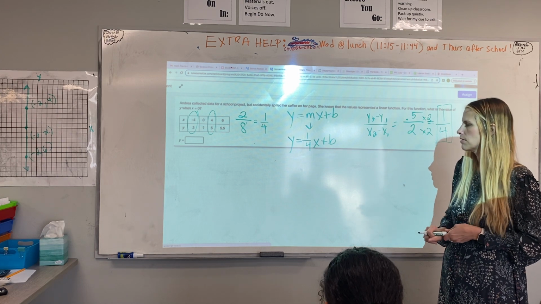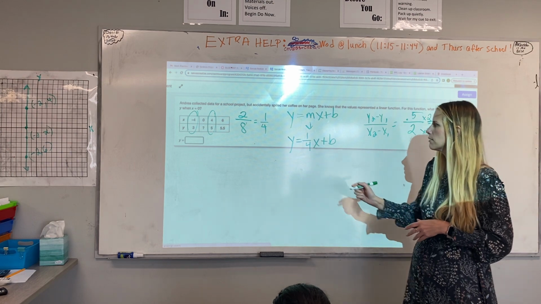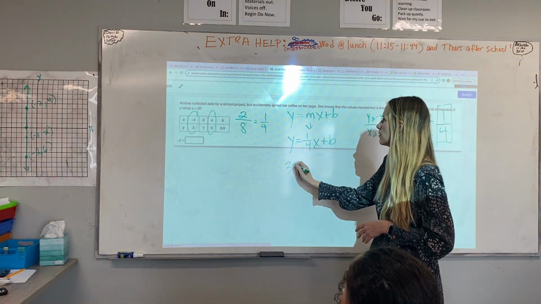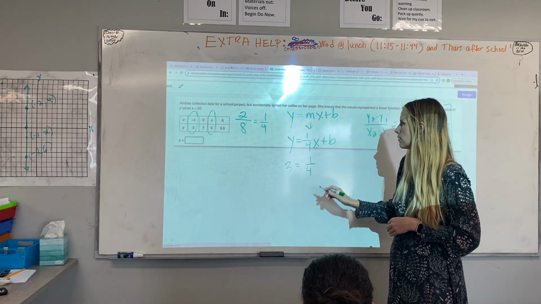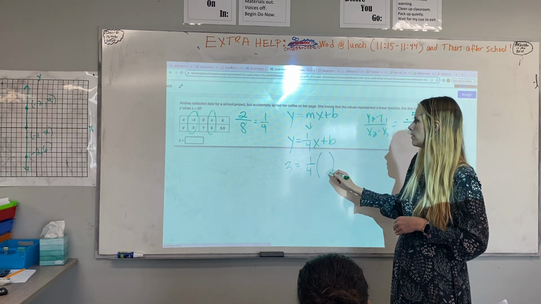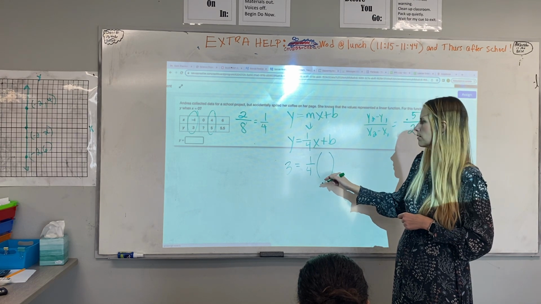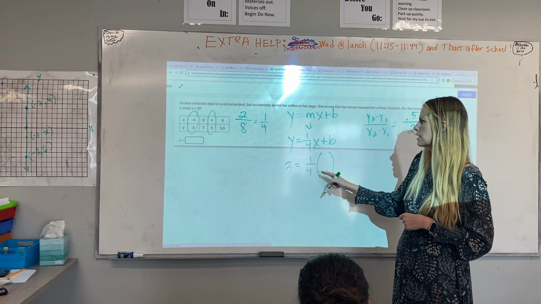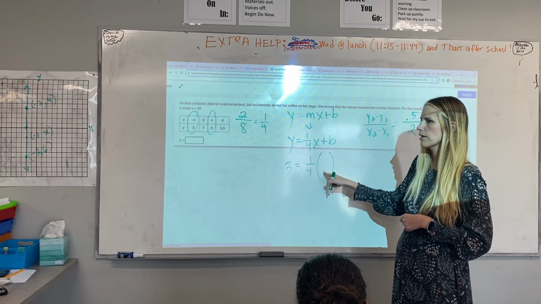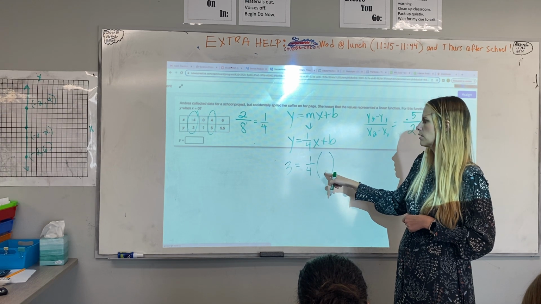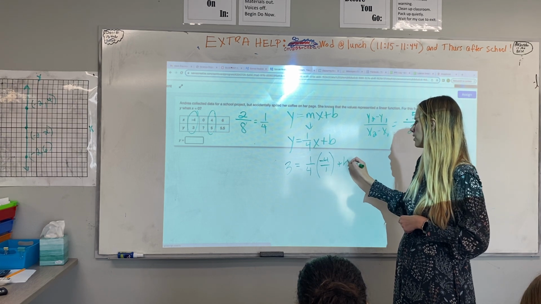You have to put 3 in for y, and then put the x in. 3 equals 1/4 times what? What's our x value? Negative 4. So I'm just going to put negative 4 over 1 plus b.